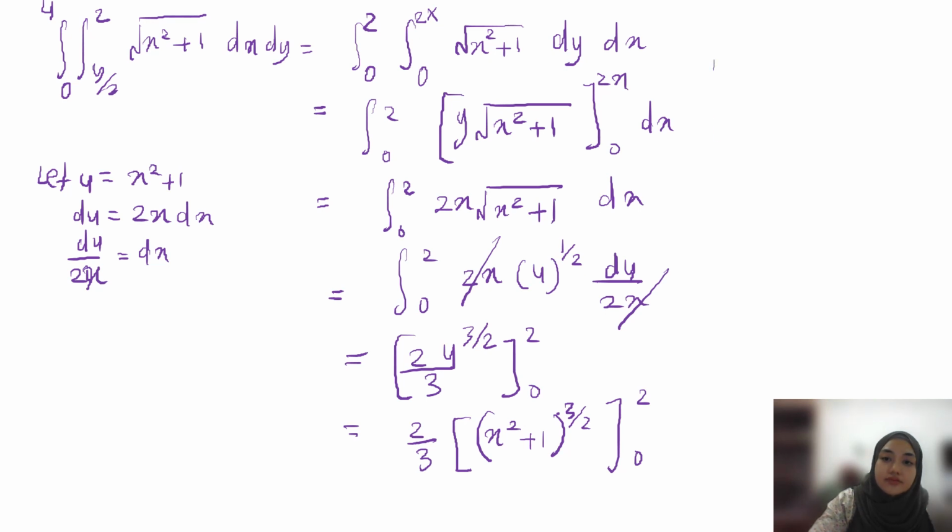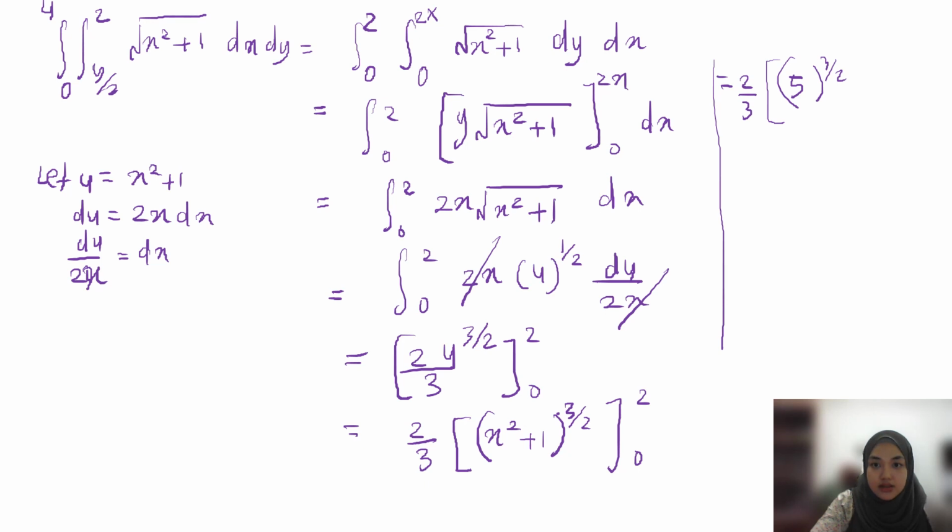You will get 2 over 3 times, at x equals 2, 4 plus 1 is 5, so 5 to the power 3 over 2, minus, at 0, 0 plus 1 is 1, since 1 to the power of anything is 1. So the answer is this one.